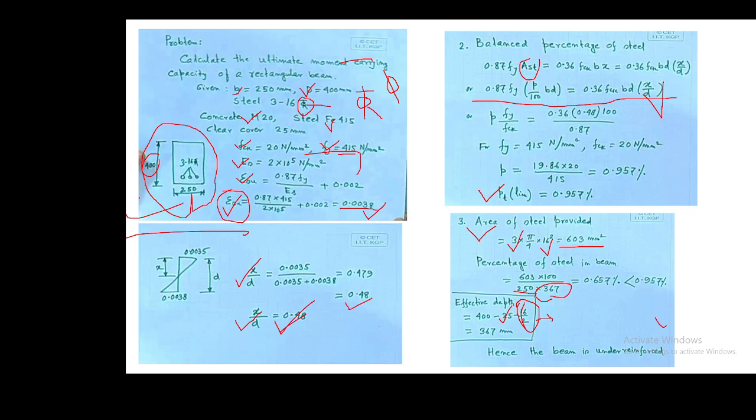So by doing this, which depth are we considering? It starts from the center of the steel bar to the extreme fiber in the compression zone, right?